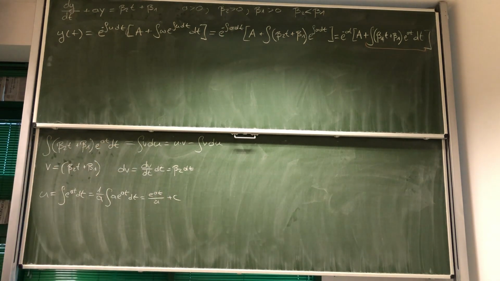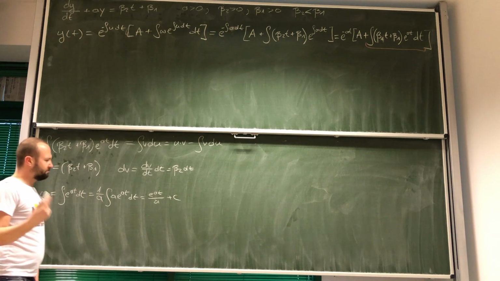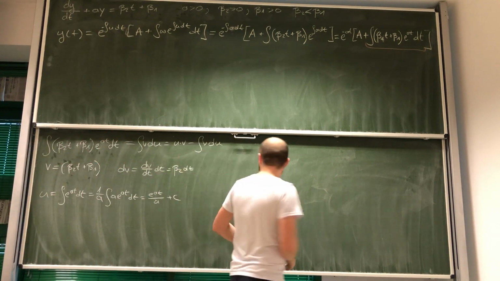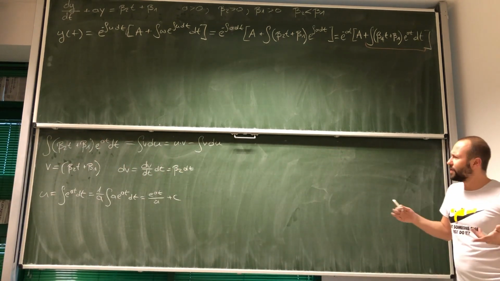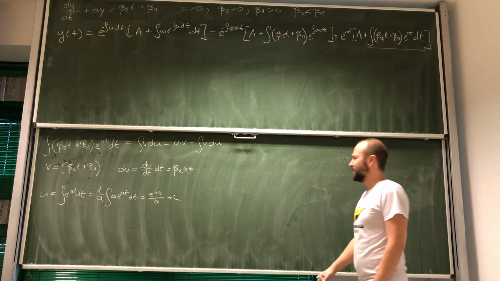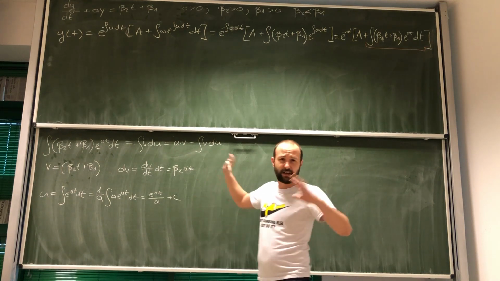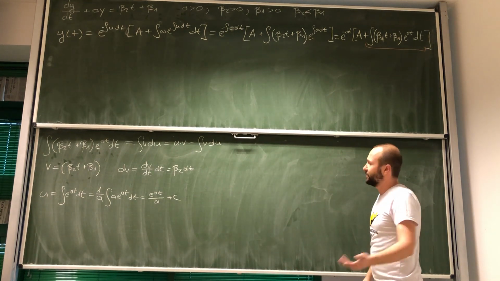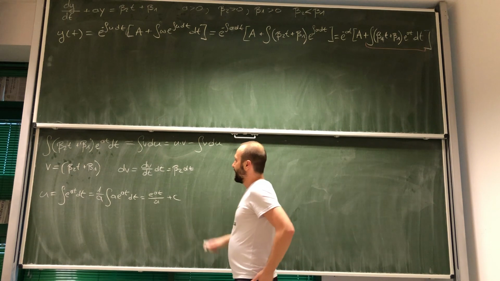I will be adding c, but later on we will not need it, as we said, we can get rid of a lot of these arbitrary constants because they go into other arbitrary constants.